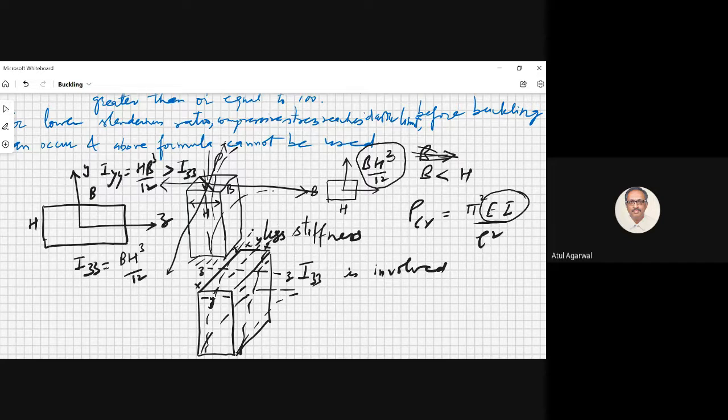You get it? Yes, sir. So at least this diagram is clear: as you go like this, this part is in tension, this is in compression, and you will involve your IYY. Your IYY calculation will be involved in the formula.